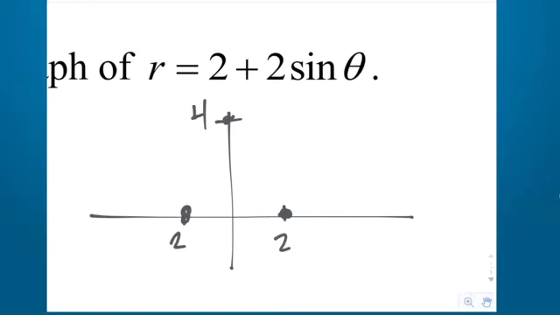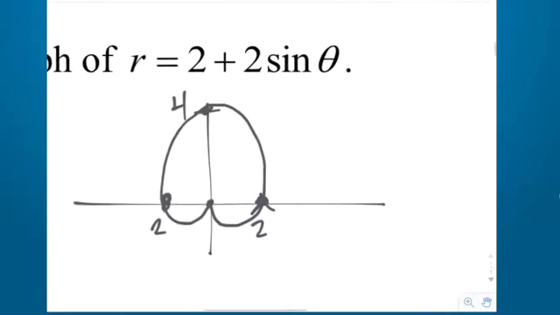At 3 pi halves, you get sine of -1, so that's where you get 0. So there's your polar 0, and then it finishes up. To trace out, it starts like this, and then it bounces out of the pole at 3 pi halves, and then it traces out once from 0 to 2 pi. We're trying to find the area of this cardioid.